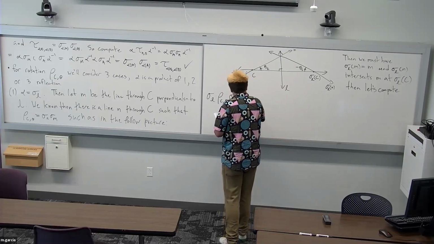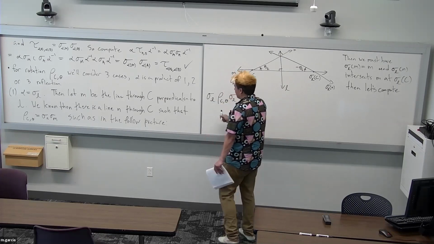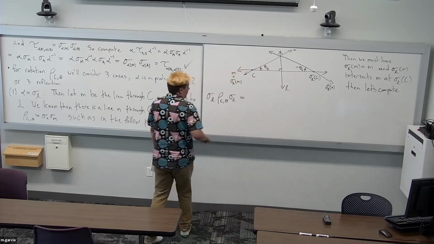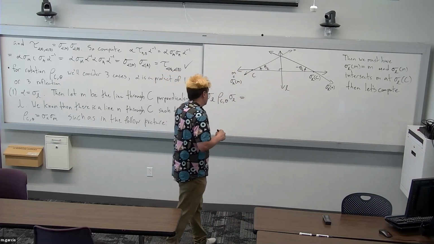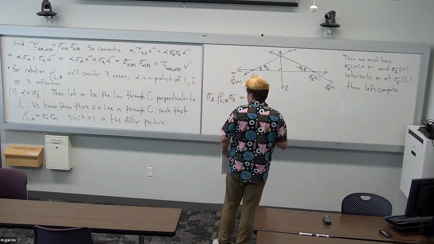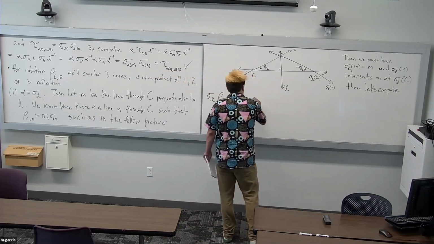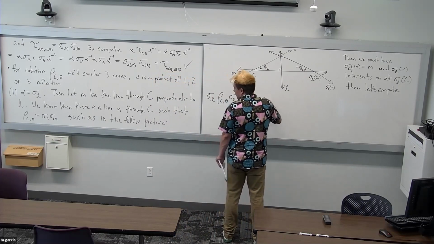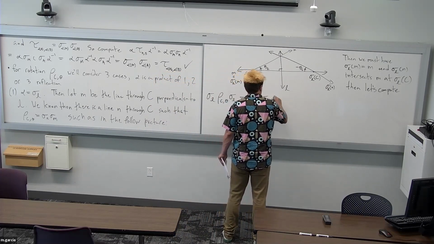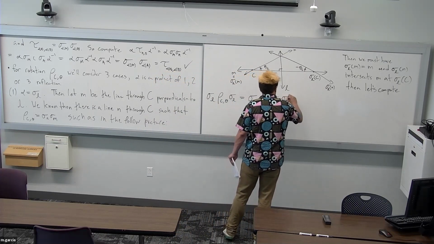Okay? So now I've expressed rho as a product of reflections. So I get sigma L, sigma N, sigma M, sigma L.